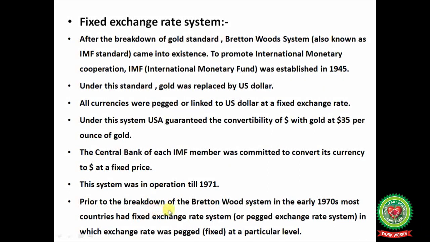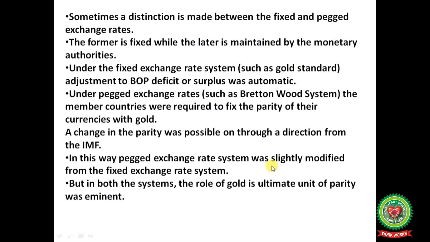Prior to the breakdown of the Bretton Woods system in the early 1970s, most countries had a fixed exchange rate system or pegged exchange rate system, in which the exchange rate was pegged, meaning fixed at a particular level. Sometimes a distinction is made between fixed and pegged exchange rates.